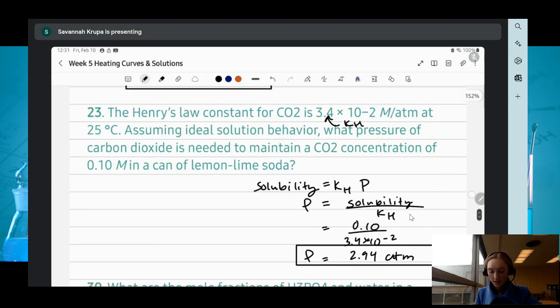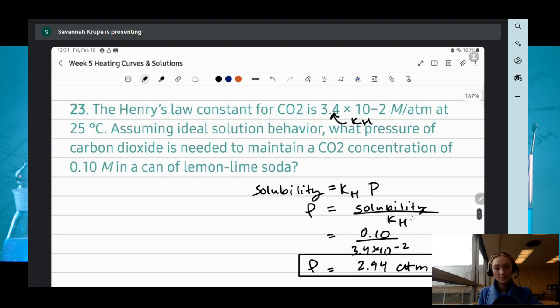And just to keep in mind, because the last problem when we were working with this, we were working with a solubility of grams per liter, and in this case, the KH value, the solubility units were in moles per liter. And the reason why that's okay that we didn't need grams per liter is because our constant was in molarity divided by pressure.